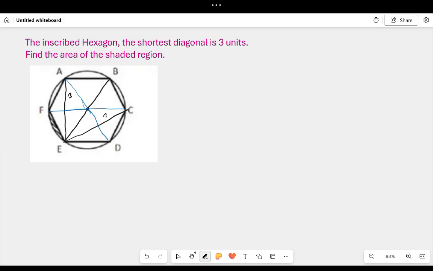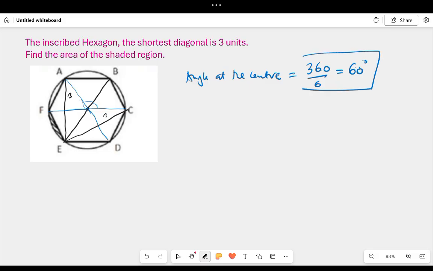And the angles at the center are going to be 60 degrees, which is calculated as, let's say the angle at the center will be equal to 360 divided by 6 triangles, which is going to be 60 degrees. Very, very important. We are going to use this to work our solution.